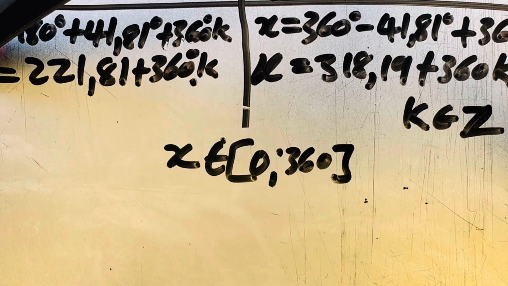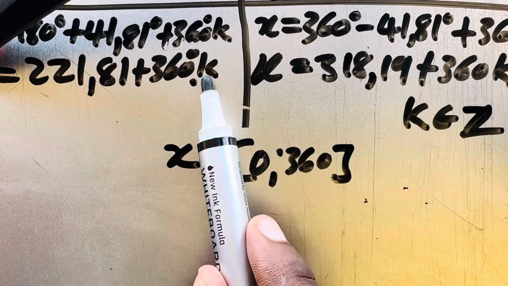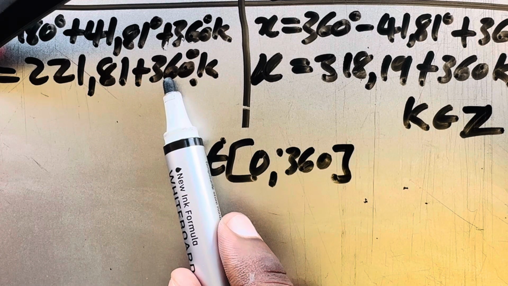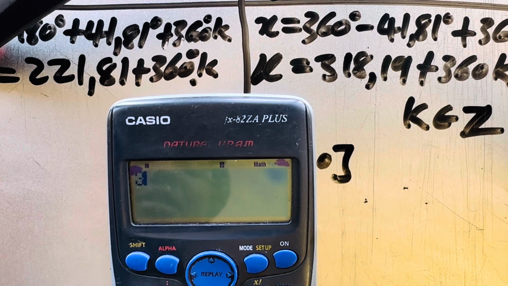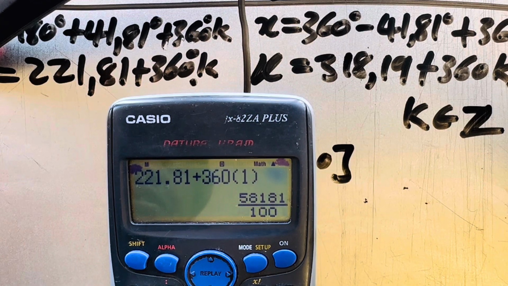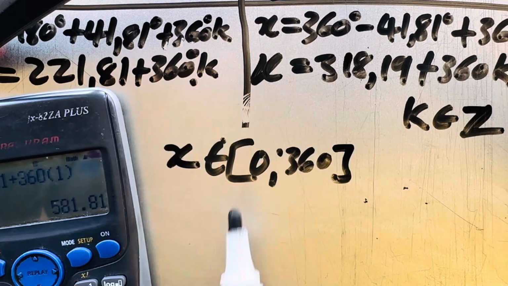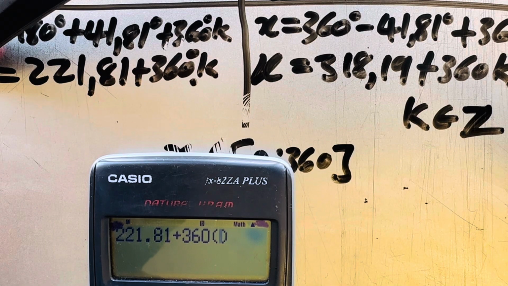Believe me, when we substitute the value of k being positive 1 here, 221,81 plus 360 will be 581, which is not between 0 and 360.